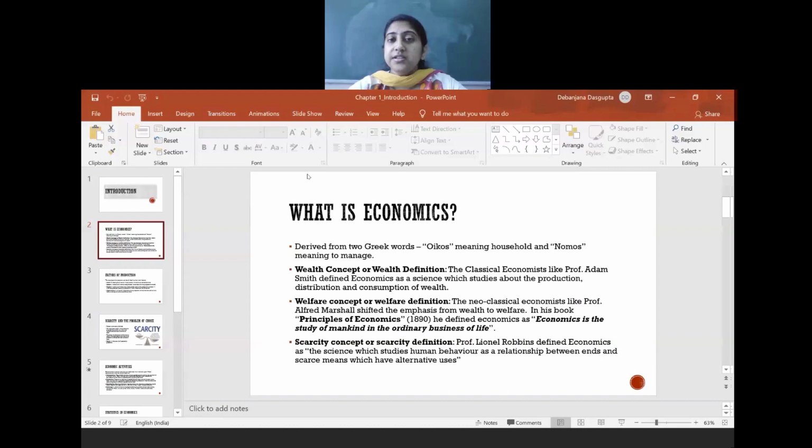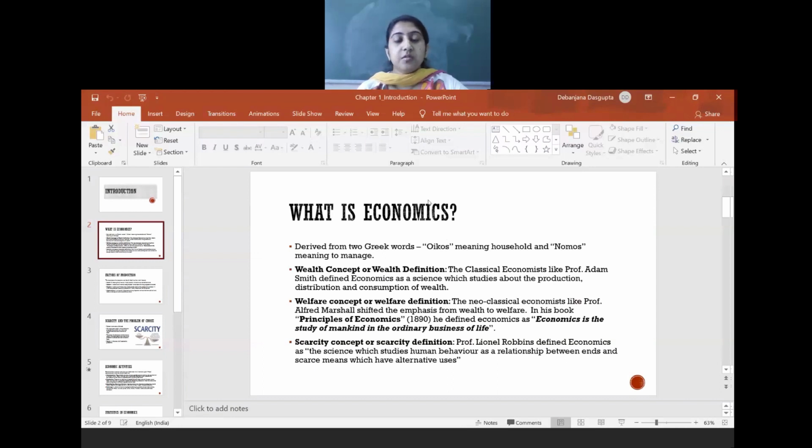Then came the modern economists. They said that no, economics is not only about wealth and welfare, it is about the problem of choice. Professor Lionel Robbins defined economics as the science which studies human behavior as a relationship between ends and scarce means which have alternative uses.